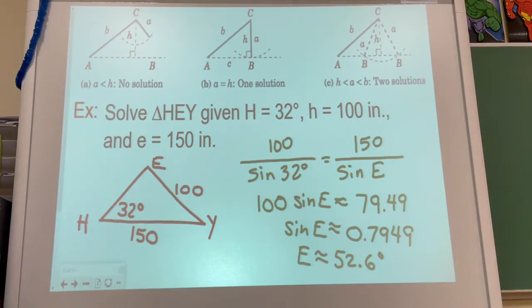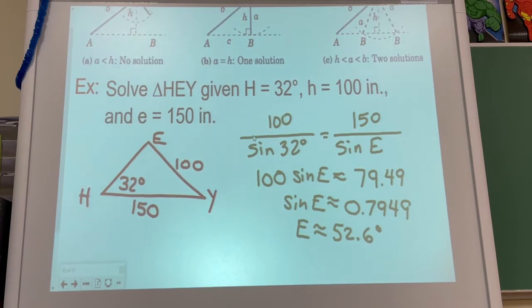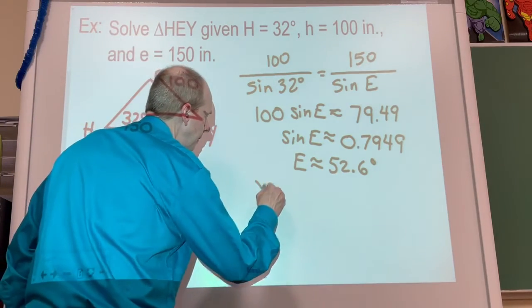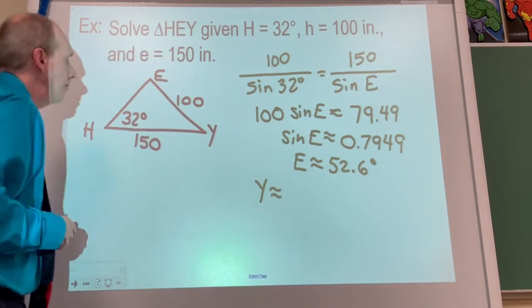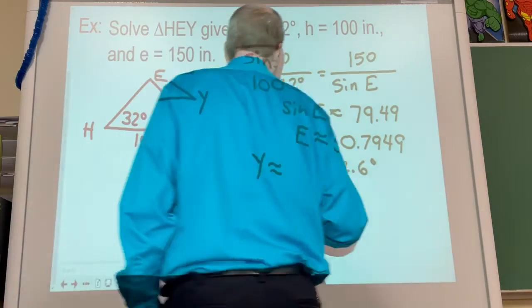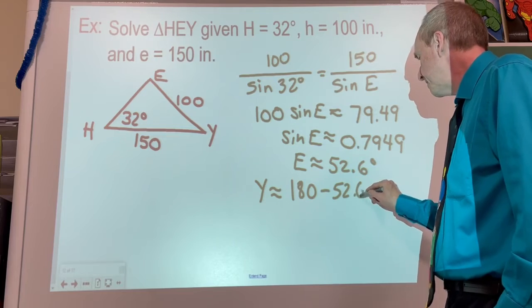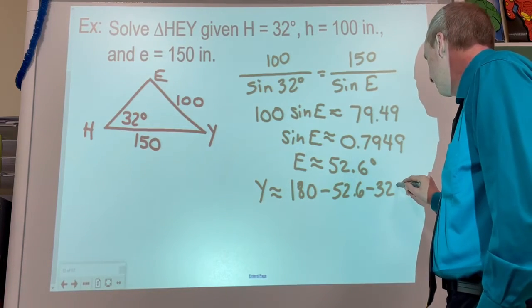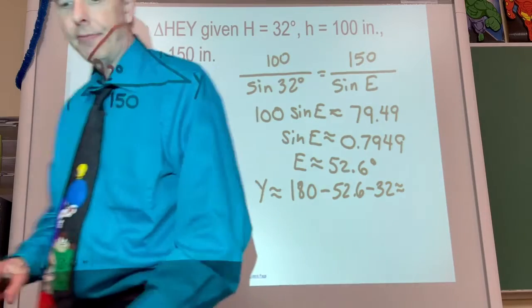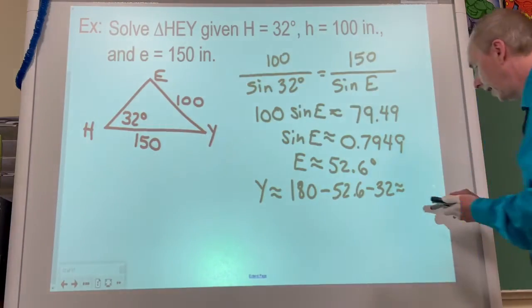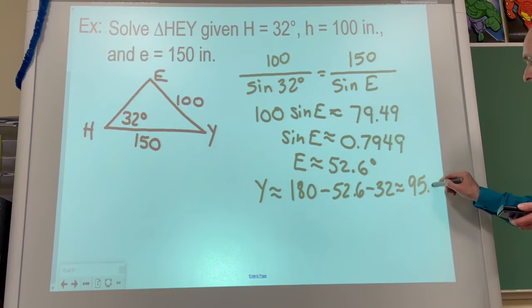I can now find angle Y. It would be 180 minus 52.6 minus 32, and we'll have our answer. About 95.4 degrees.